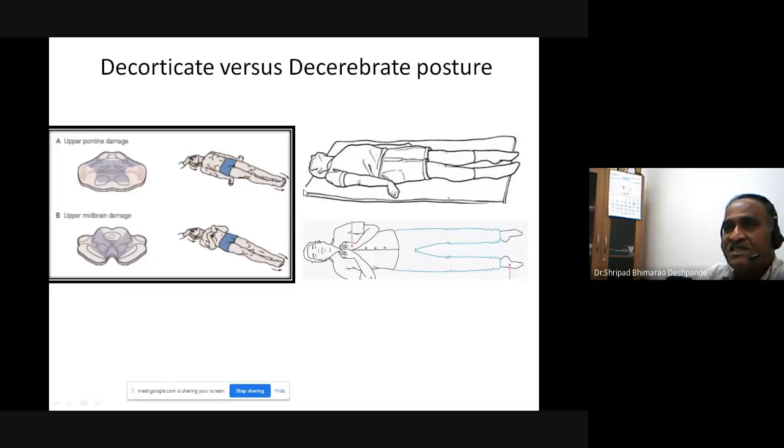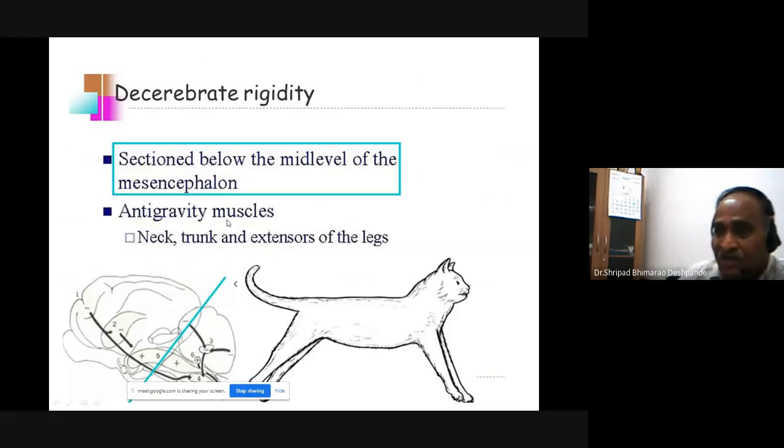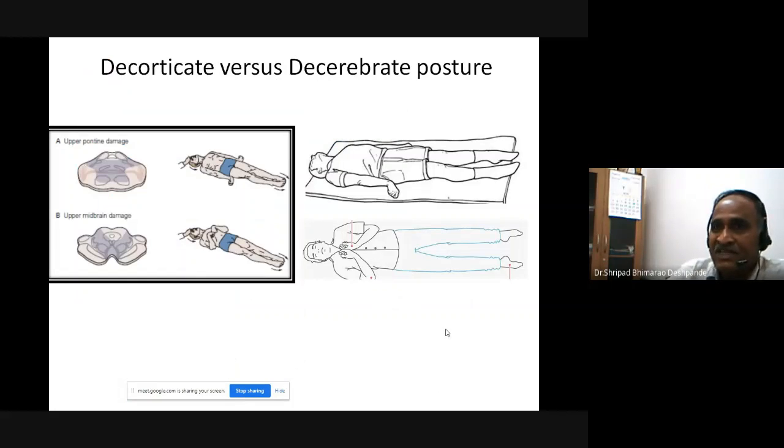The neck is going backwards. That is also extended, in the sense of dorsiflexion, the neck extended like this, and that's the feature. And if you are looking back here, this is what the cat is doing, and both the limbs are extended. That type of feature you have in case of decerebrate.